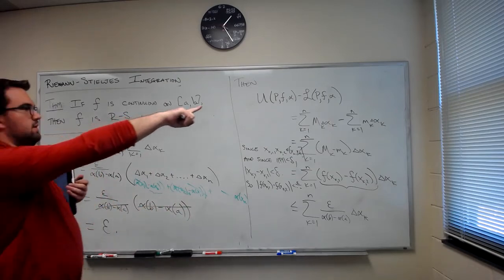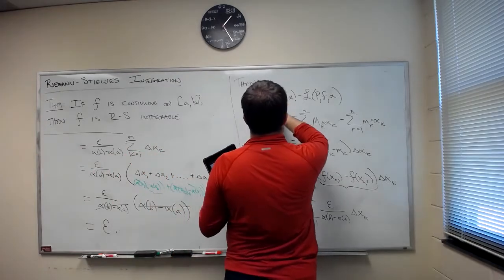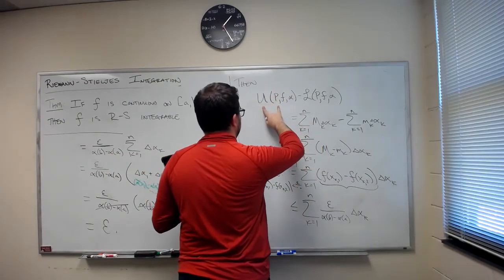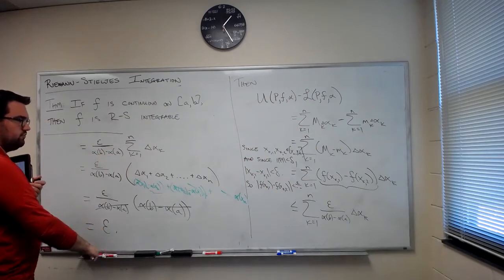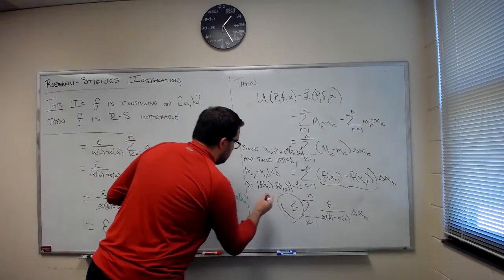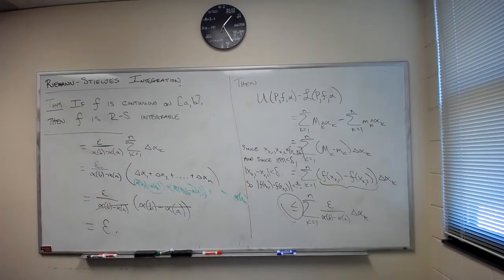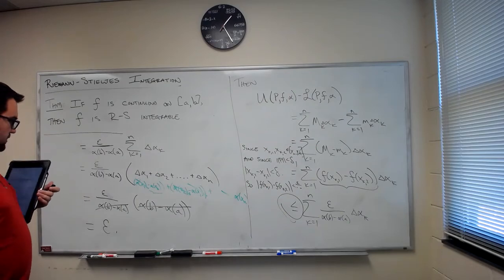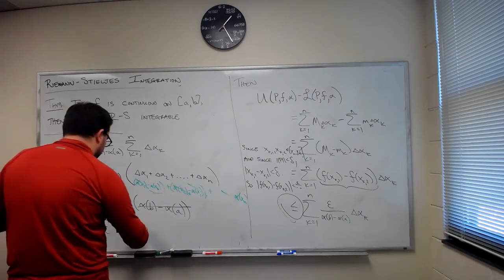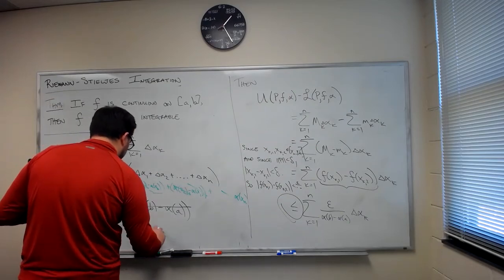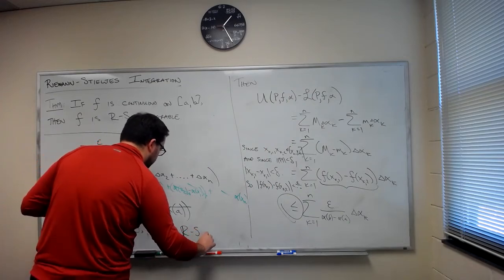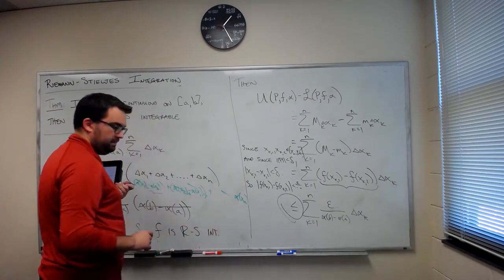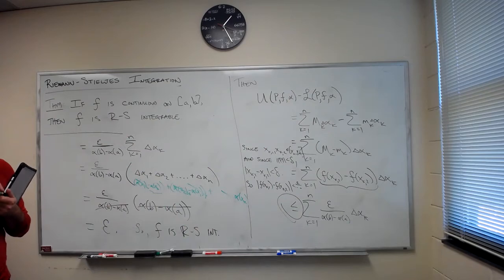And now, okay, we started over here, and what do we get? We showed that the upper Darboux-Stieltjes sum minus the lower Darboux-Stieltjes sum, after a whole bunch of work, is less than epsilon. Okay. And since it's less than epsilon, f is Riemann-Stieltjes integrable, by our previous result.